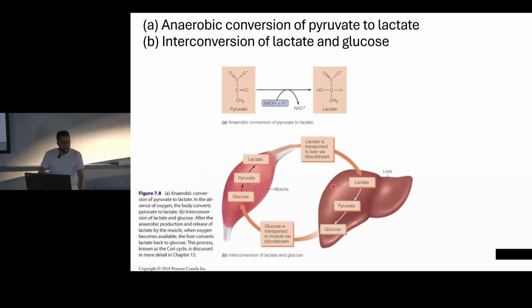Good. Okay. Something interesting. So pyruvate, when there's no oxygen, will be converted to lactate. Okay. And it will require the oxidation of NADH. Now, in your muscle, when you are doing anaerobic exercise, let's say for example sprinting, okay?